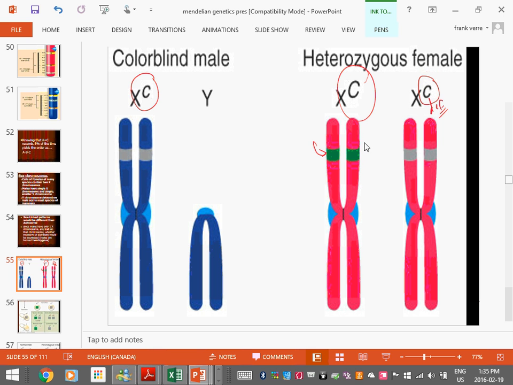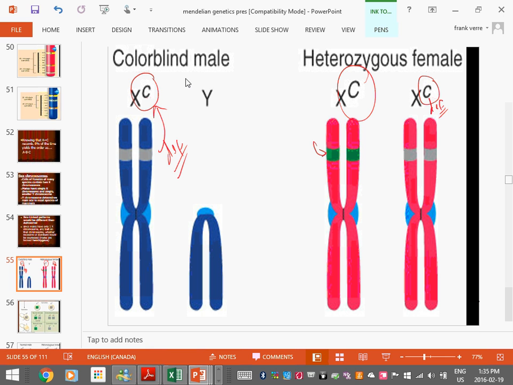And remember, for you to see a recessive phenotype, you need to have what? 2 copies. But here's the difference though. Not when it's sex-linked for males. Because if you're a male and you only have 1 X chromosome and it happens to carry the defective allele, then guess what? You have the condition. Because there is no other allele to hide it. So that's something that we've discussed before.